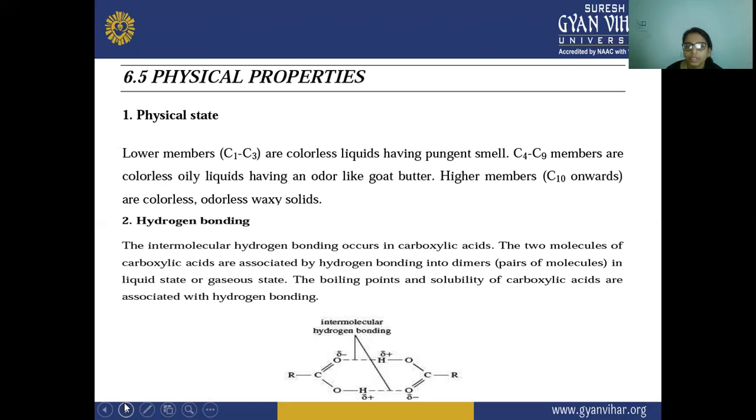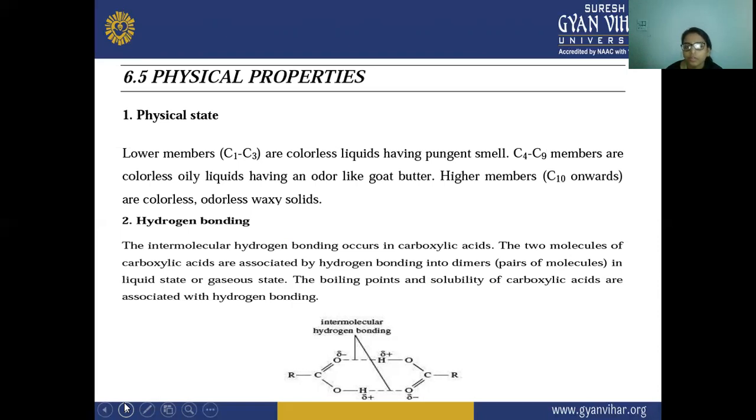So in the physical state, the lower members of carboxylic acids are present as colorless liquids with a very pungent smell.